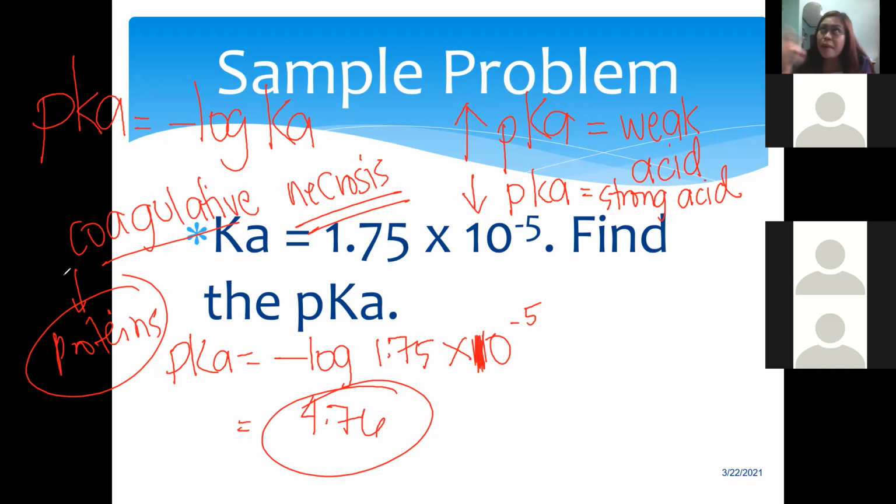So, parehas sila sa pH na kapag it's low, strong acid siya. 'Di ba pag 1 ang pH sa acid, it's a very strong acid. So it's just the same with the pKa. Like for example the 1, it's a very strong acid also.